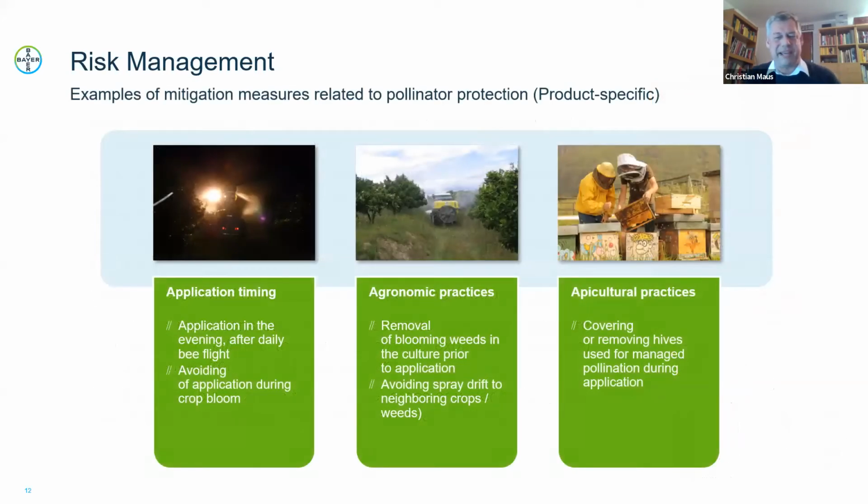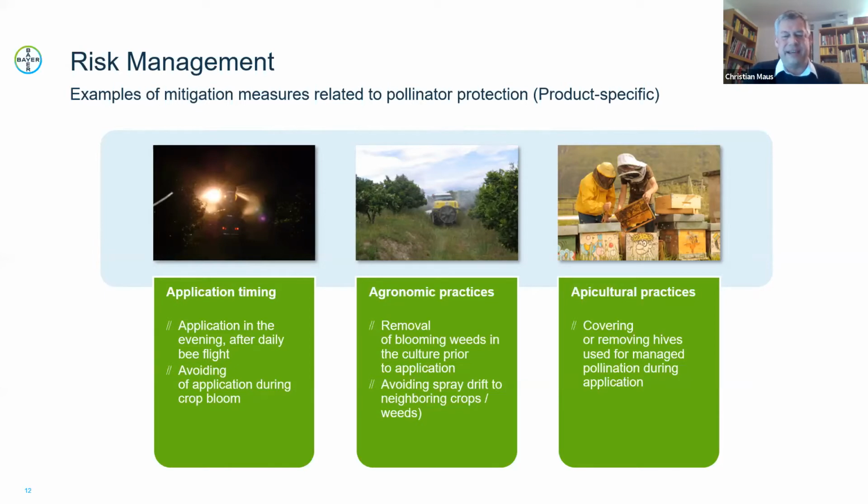When we want to protect pollinators, bees or other pollinators, from a pesticide, there can be adjustments of the application timing. For instance, some products can be safely applied in the evening or at night, when bees are not active. Other ones, which are more persistent in the crop, can then only be applied outside the flowering period of a crop.